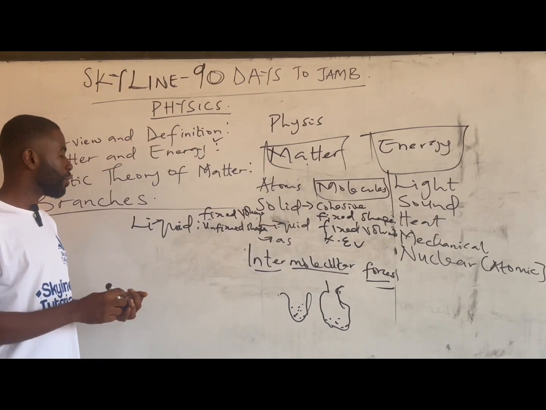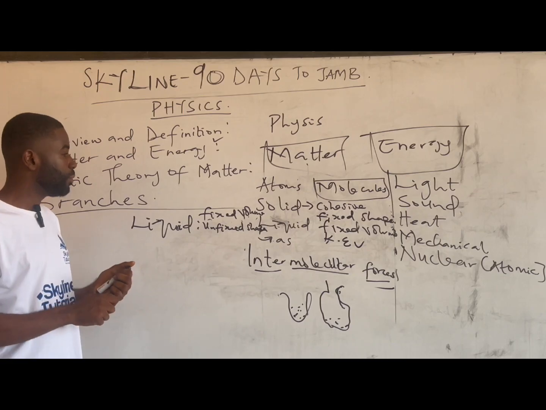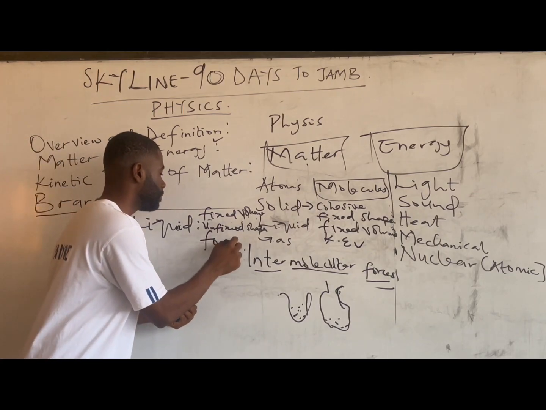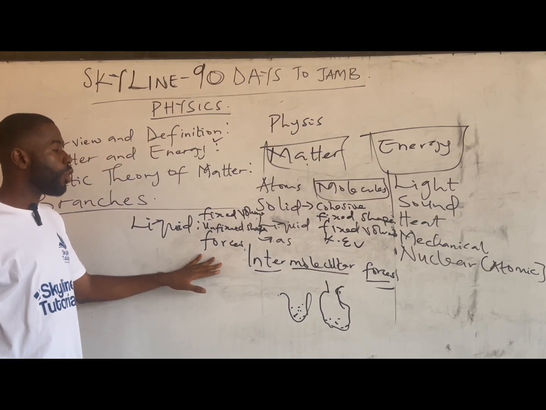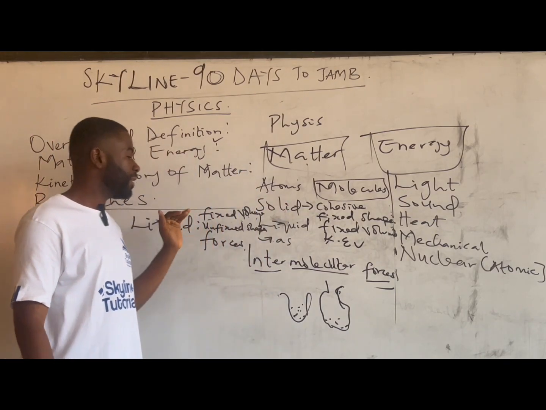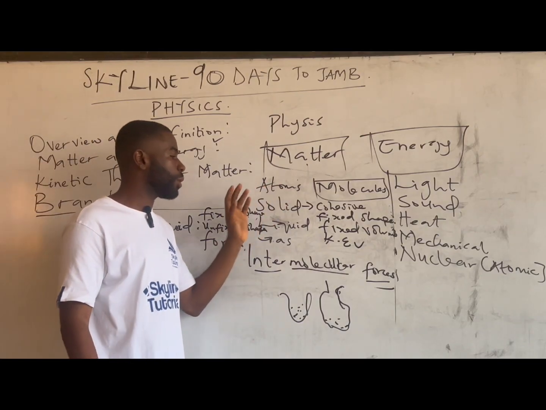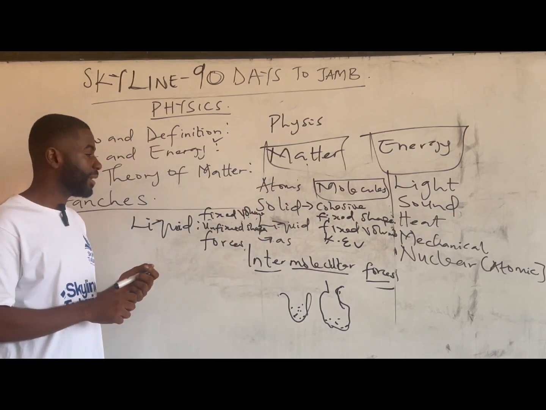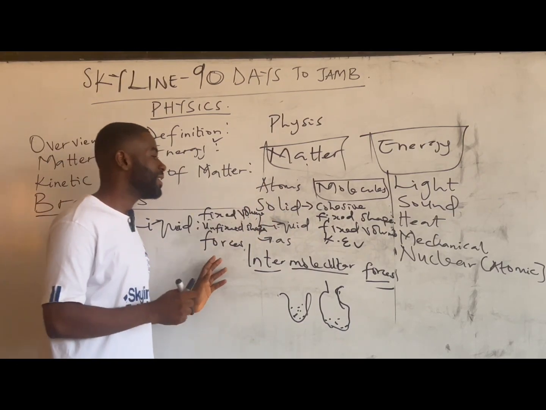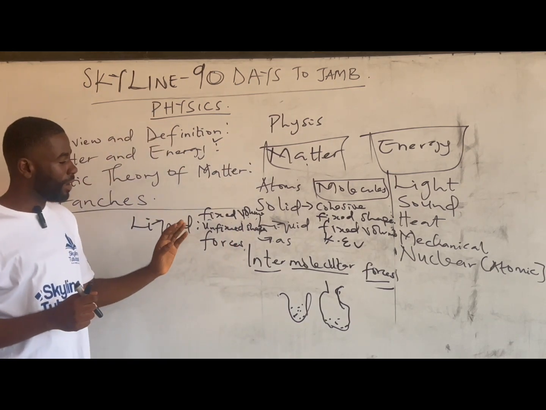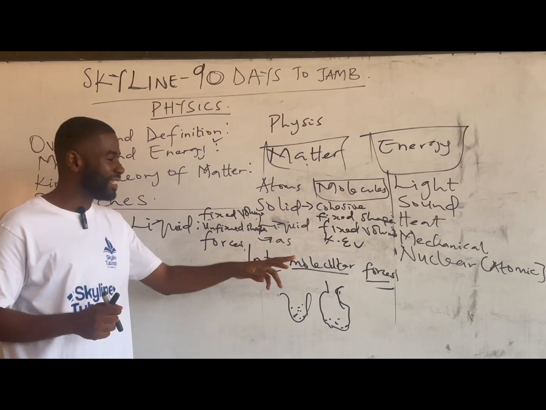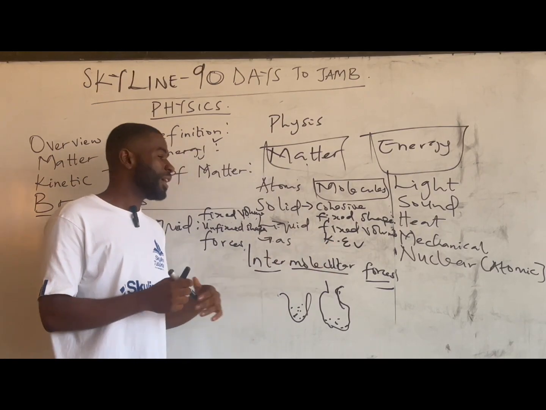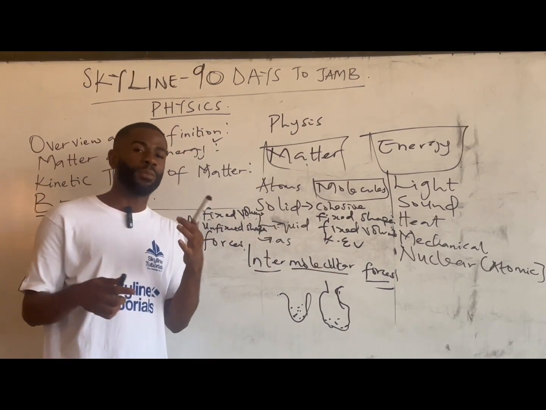The next property of liquid we would consider is the forces. They have weak intermolecular forces compared to solid. Take note of that. And obviously, since their intermolecular forces are weaker than solid, they will have more kinetic energy than solid. It is more like an inverse proportionality.